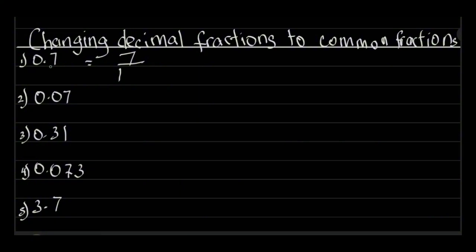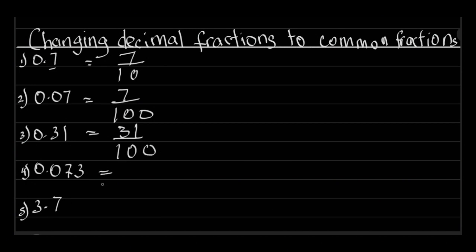How many decimal places do we have here? 1. So that will be 7 over 10. With 0.77, we have 2 decimal places. The first significant number is 7 over 1 with 2 zeros, so that would be over 100. And we have 31, 2 decimal places, so also over 100.